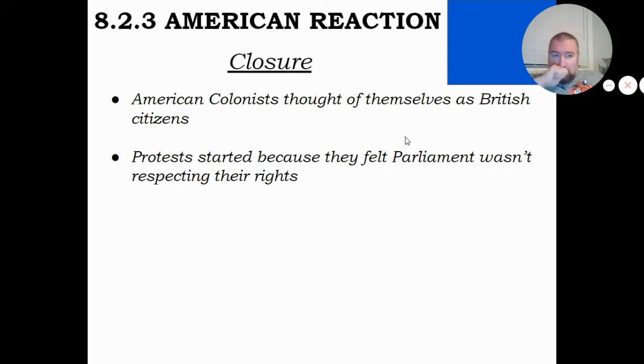And once that happens, Parliament overreacts. Everybody is like, whoa, Parliament, we understand that these guys did something that you didn't like, but calm down. This was just one more way that Parliament and the British government were getting much more, I don't want to say aggressive, but definitely much more infuriating.